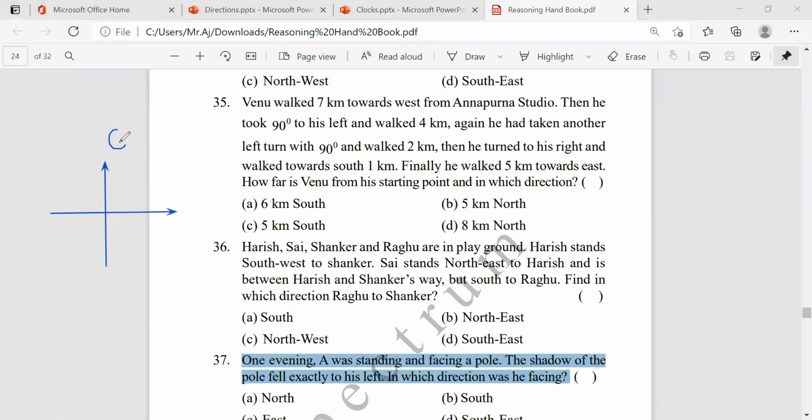This is north and this is east, south and west. I'll explain this shadow concept. You just try it.